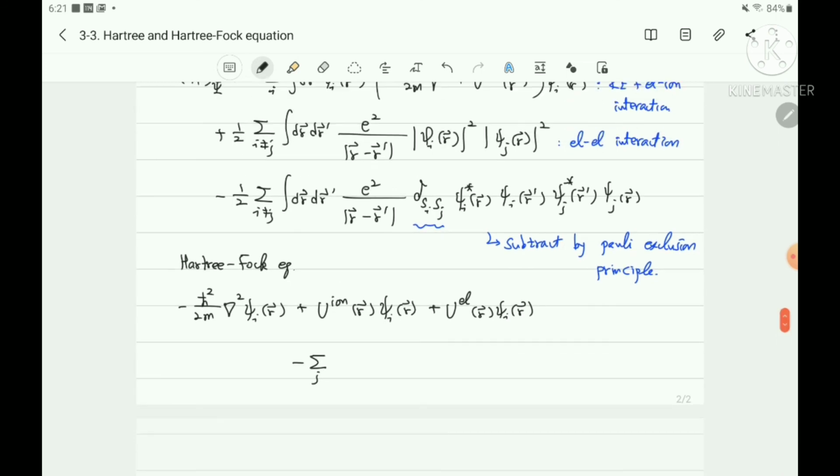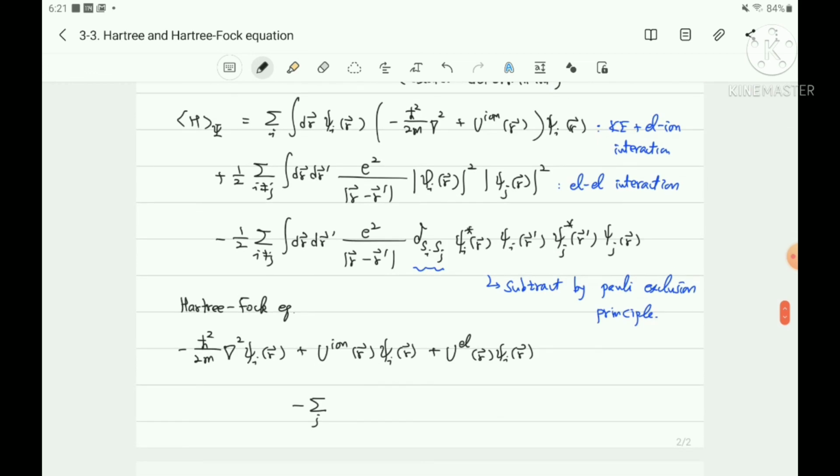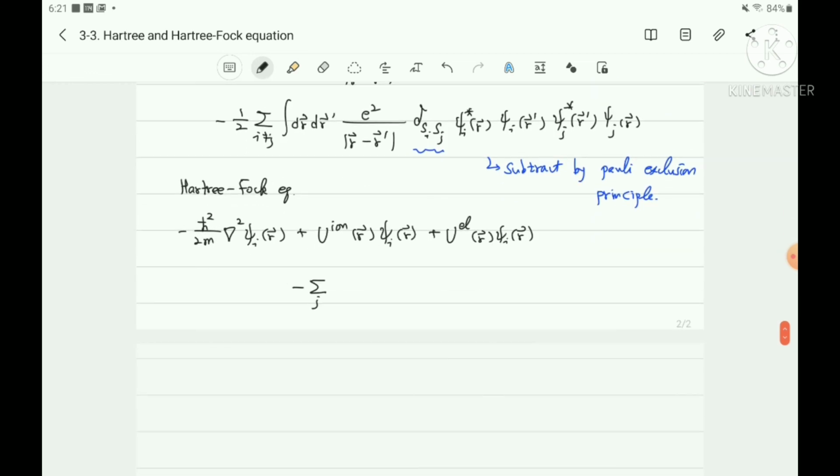Here we only consider the ith atom, therefore the summation is only over j. Here dr prime e square over r minus r prime, psi j star of r prime, psi i of r prime, psi j of r, with delta si sj, equal to epsilon I psi i of r.